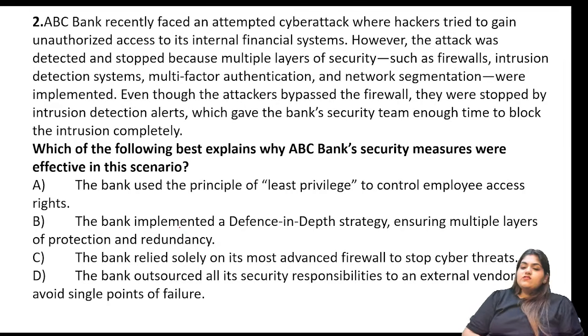Even though the attackers bypassed the firewall, they were stopped at the intrusion detection alert, which gave the bank security team enough time to block the intrusion completely. Which of the following best explains why the security measures were effective in this case? B is the right answer.